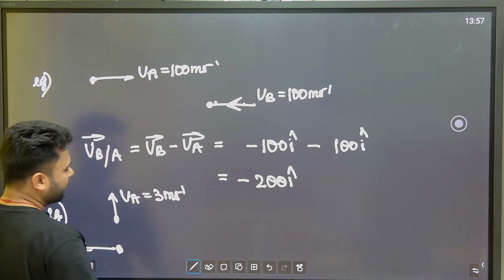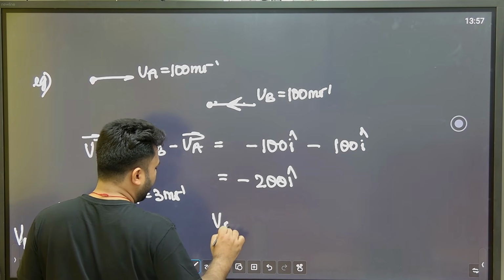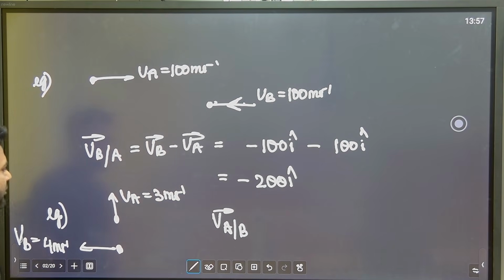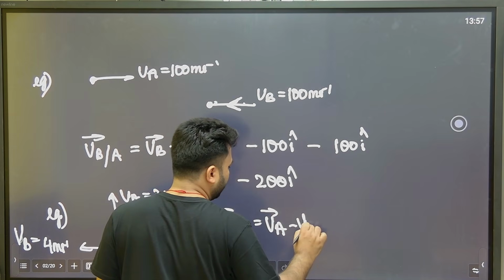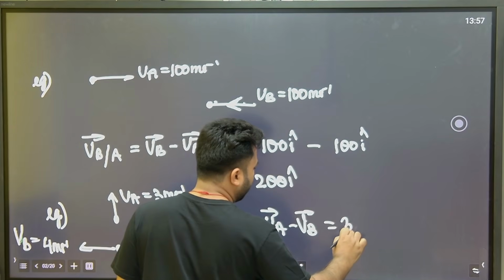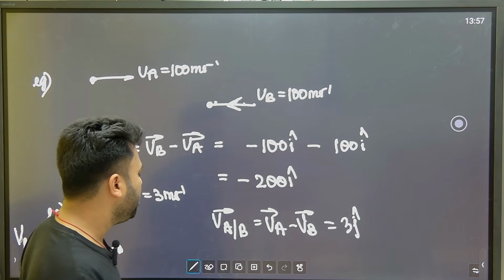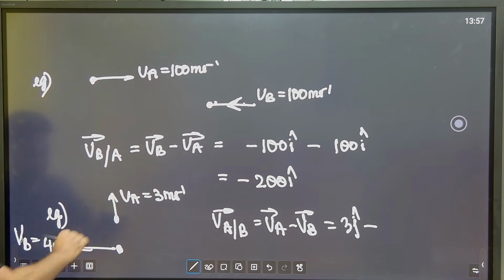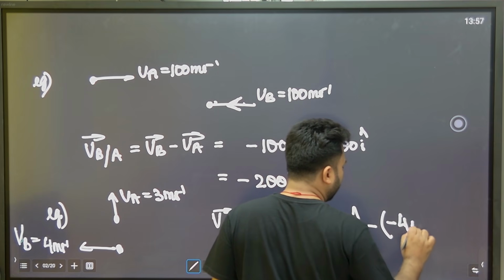Now if I ask what is the velocity of A with respect to B, what will you do? You will write VA minus VB. Basic formula. Velocity of A is 3 j cap. Don't forget to write i cap, j cap. Minus velocity of B, which is 4 in this direction, meaning minus 4 i cap.